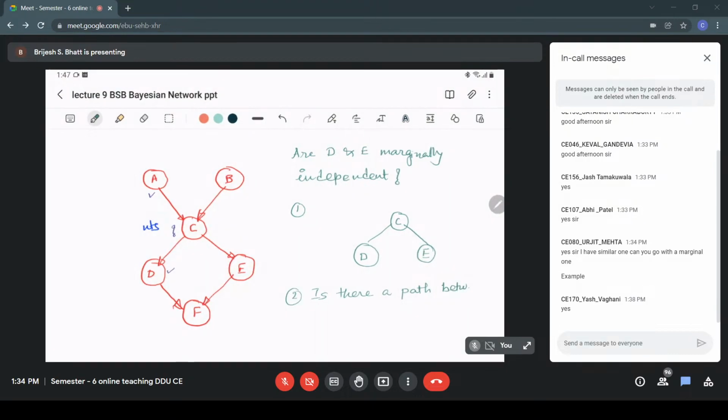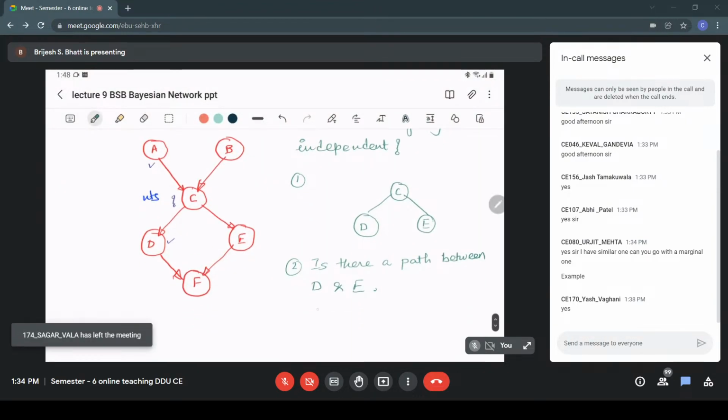You can reach from D to E via C. Yeah, but there is a path between D and E. So the answer is yes. And hence, if the answer is yes, it means that D and E are not marginally independent.